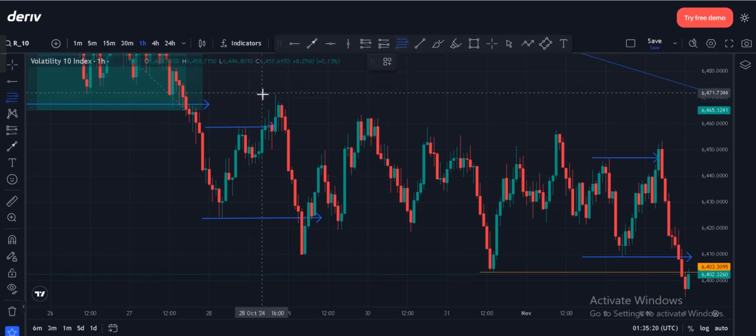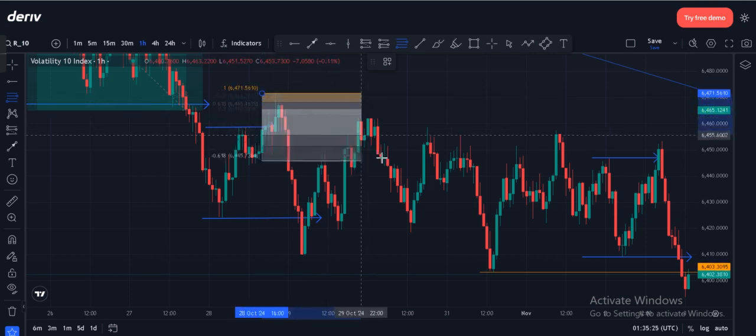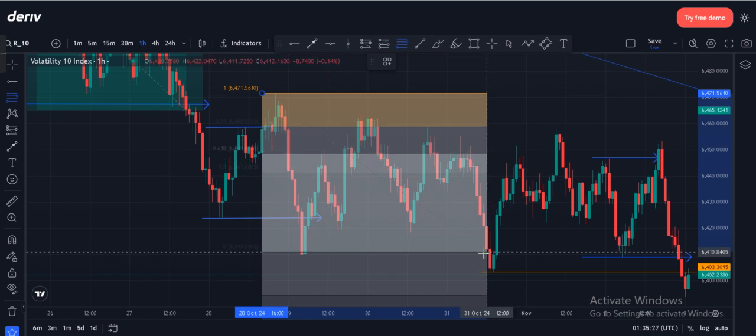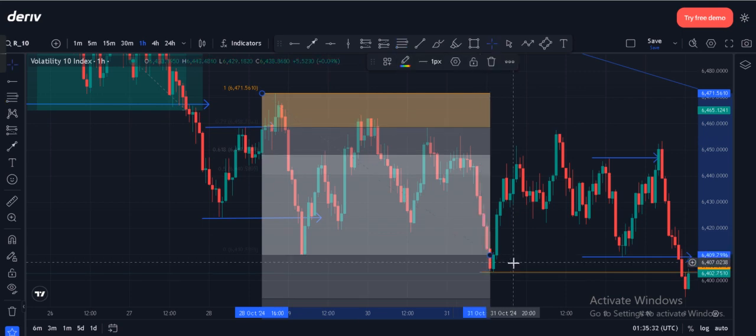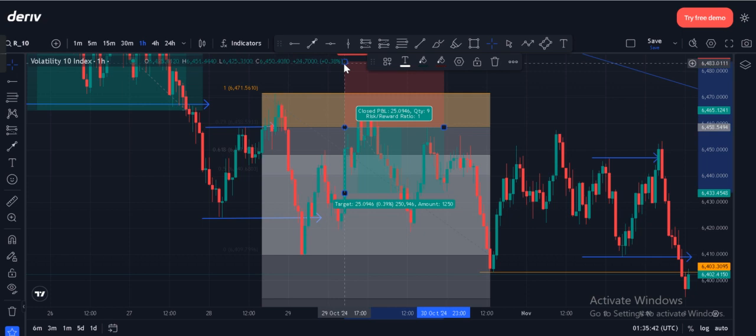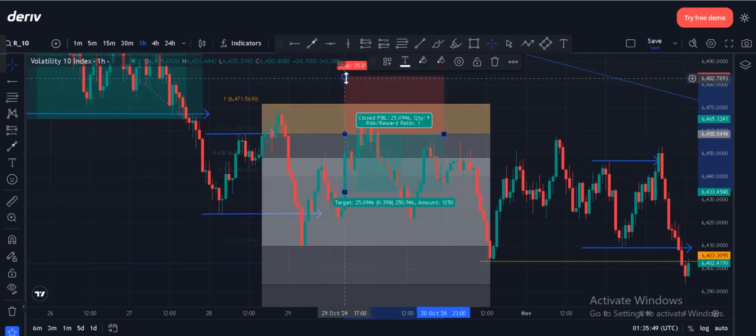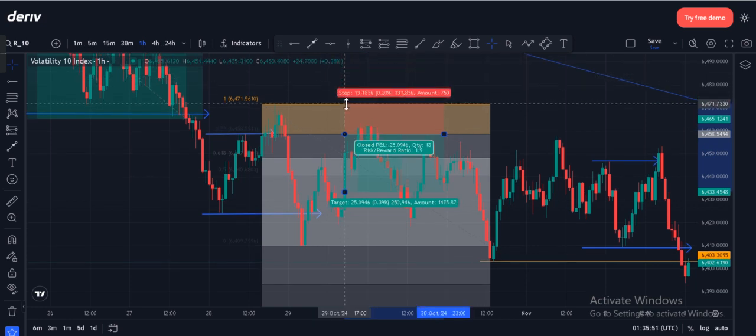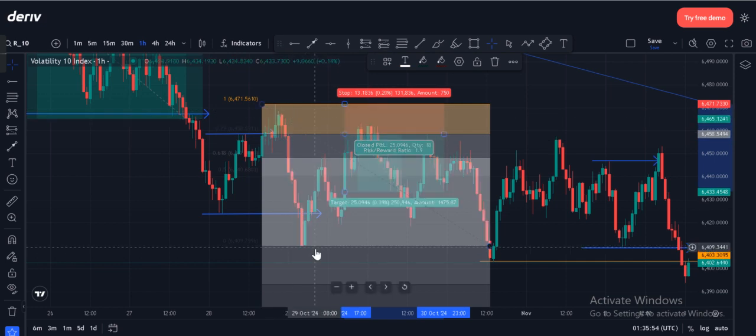Now, you can see market from the swing high, we took all this trade basically, but it was really noisy. From the swing high to the swing low, you can clearly see what happened. Market got in, we took our first trade, which hit stop loss, and took the second trade at this point. Now, the second trade we took, the stop loss was at the swing high, take profit at the swing low.